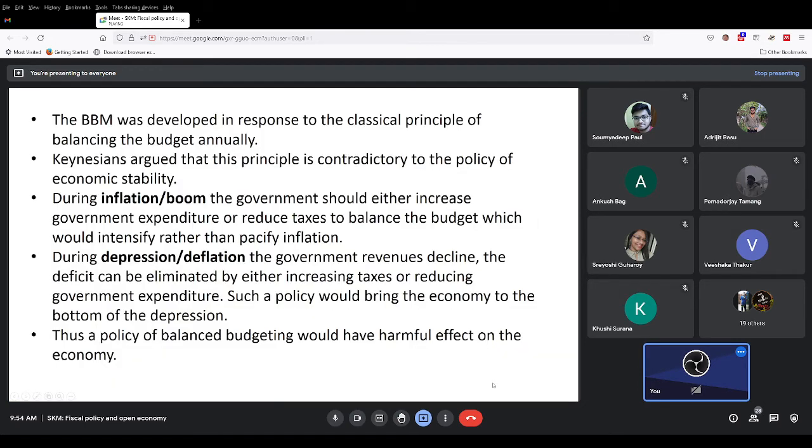Now, what happens if we try to balance the budget? During inflationary periods, what will happen to the budget surplus? Suppose the government does nothing.